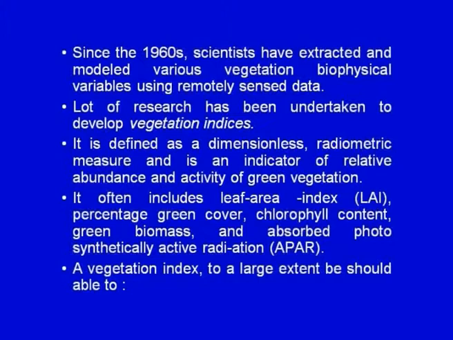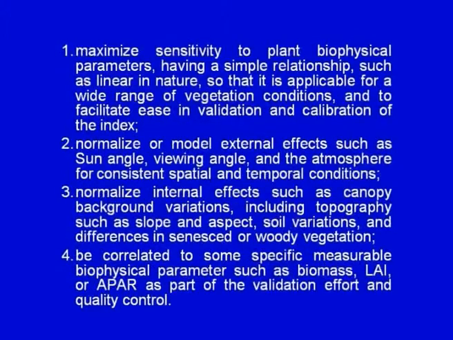A vegetation index to a large extent should be able to maximize the sensitivity to plant biophysical parameters having a simple relationship such as linear in nature, so that it is applicable for a wide range of vegetation conditions and to facilitate ease in validation and calibration of the index.